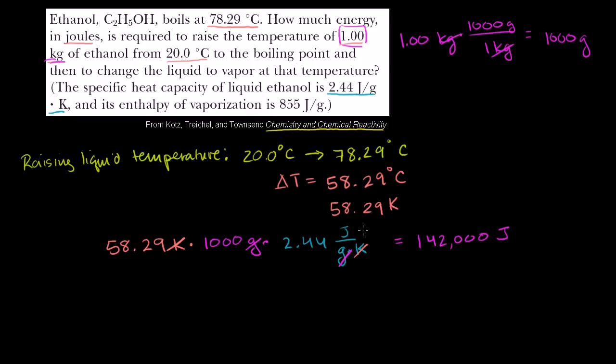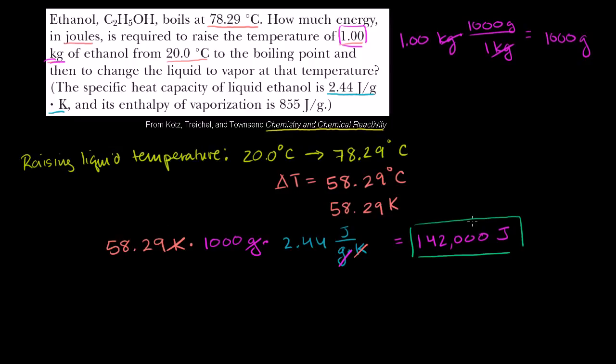Joules is our unit, since we want energy. So this is the amount of energy to take our 1 kilogram of ethanol from 20 degrees Celsius to 78.29 degrees Celsius. Or you could view this as going from 293 Kelvin to that temperature plus 273 in Kelvin. Either way, we've raised its temperature by 58.29 Kelvin.